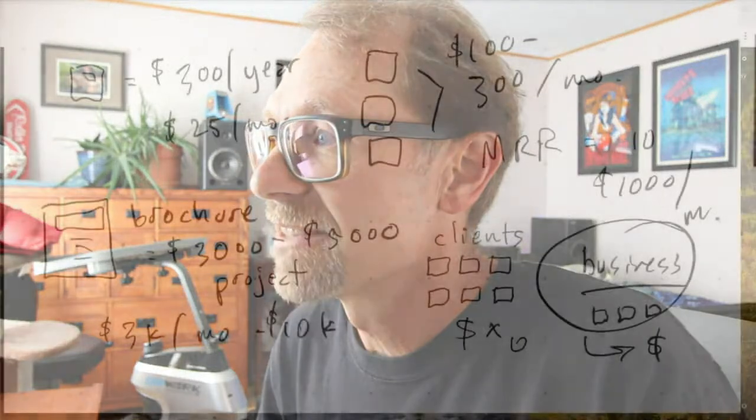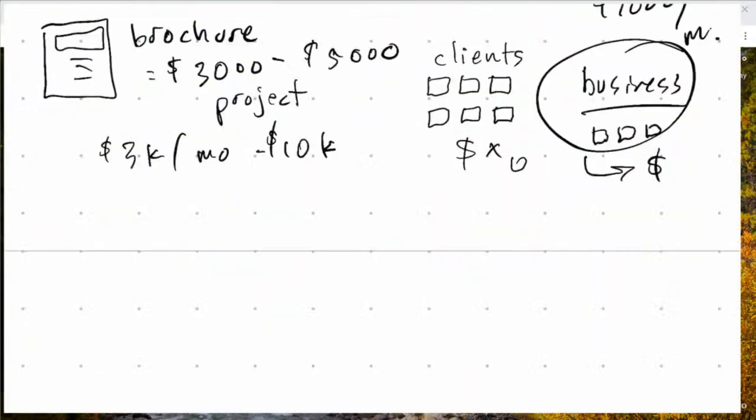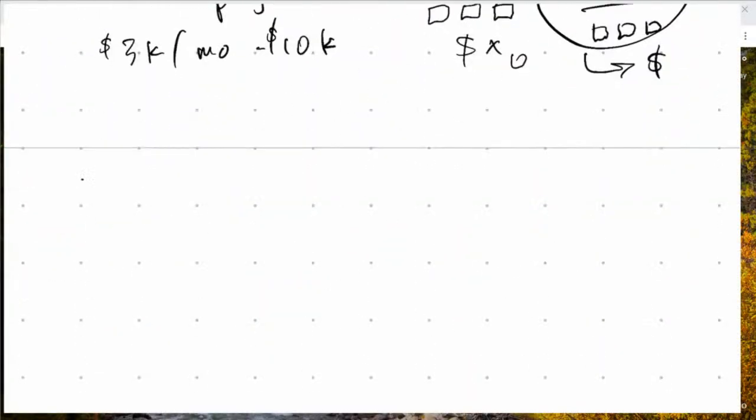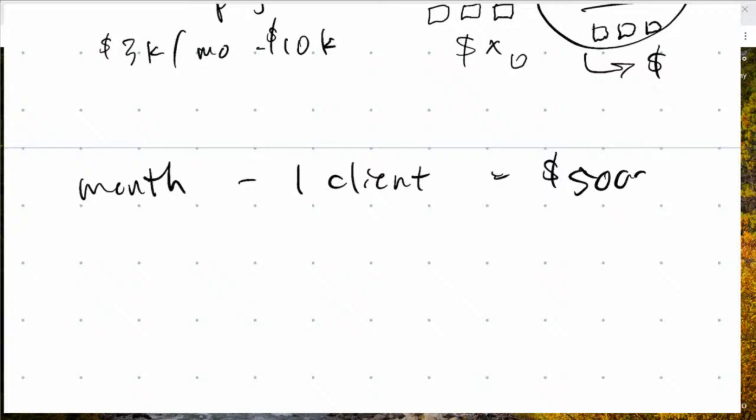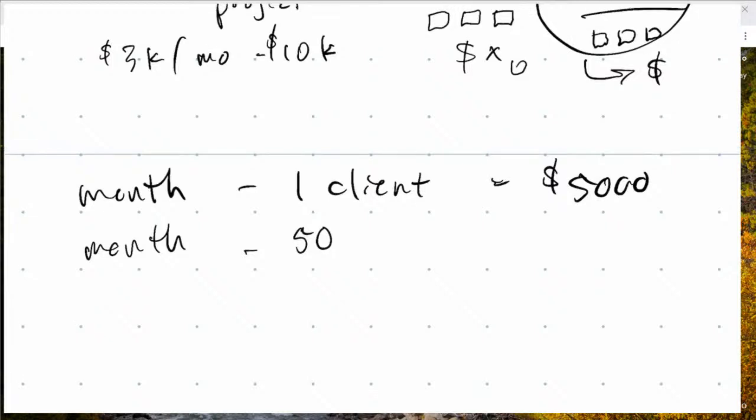So if we go quickly, before we go into the design systems, if each month you take on one client, and then each month you're managing some number of clients, let's just, for ease of numbers, say 50 clients on website care.